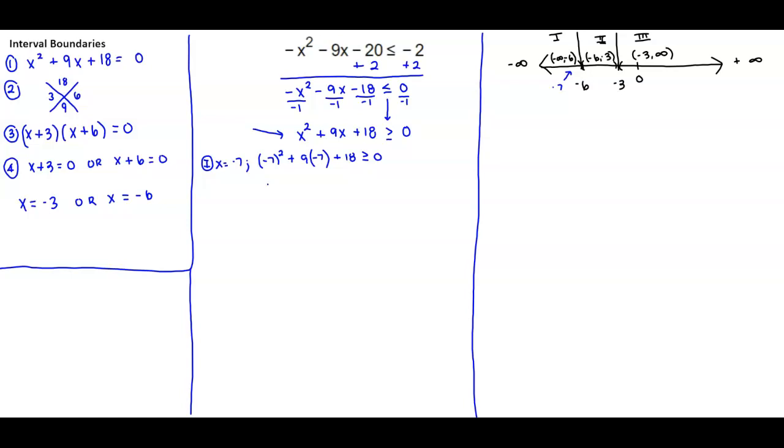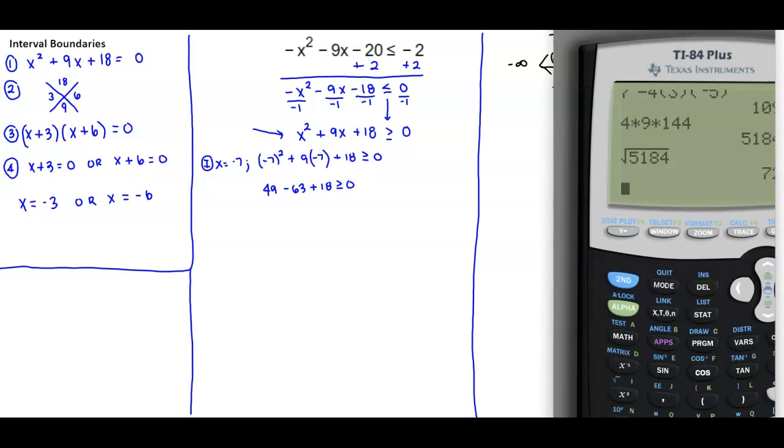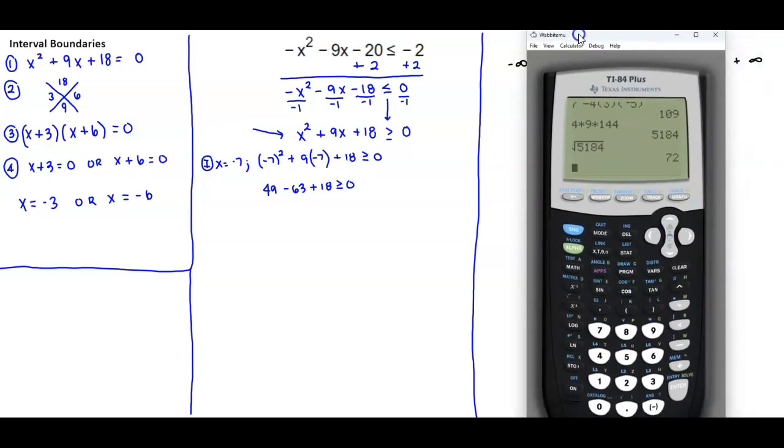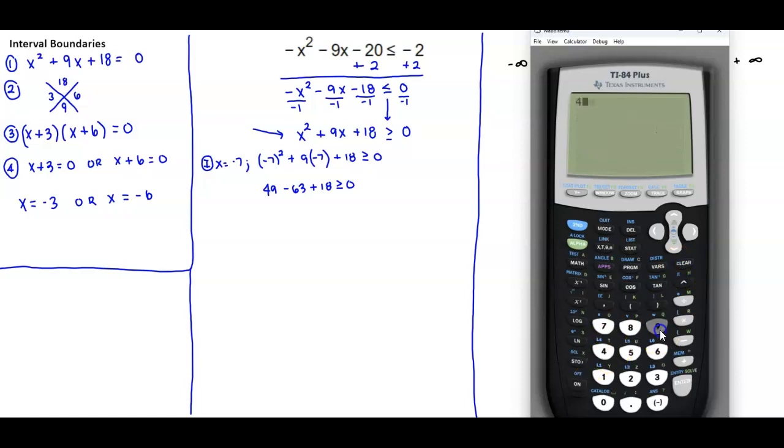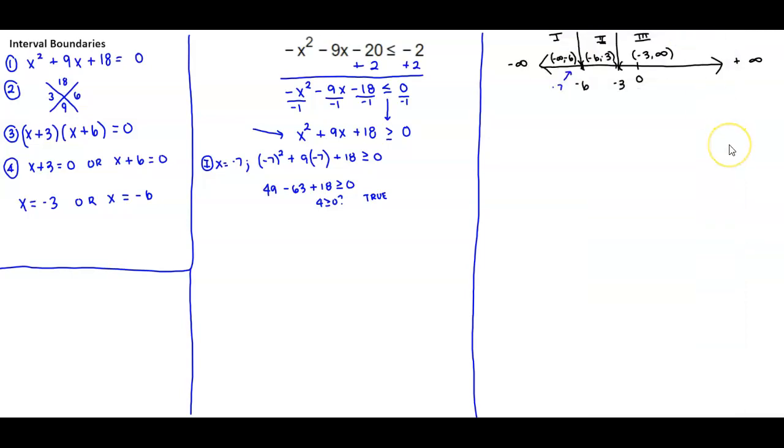Negative 7 squared is positive 49. 9 times negative 7 is negative 63. And then plus 18. Let's use our calculator. 49 minus 63 plus 18 gives us 4. Is 4 greater than or equal to 0? Well, the answer is true. So therefore, it's true for interval number 1.